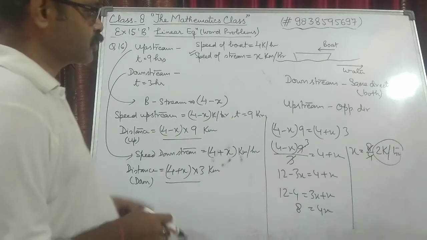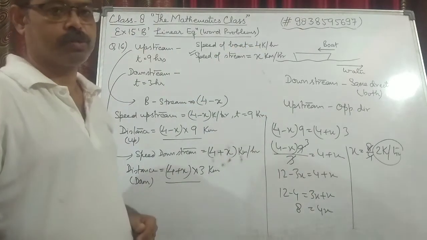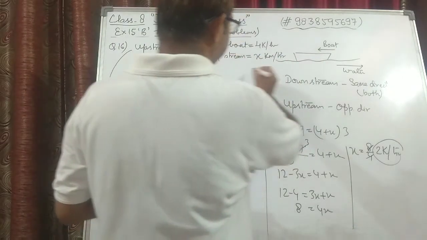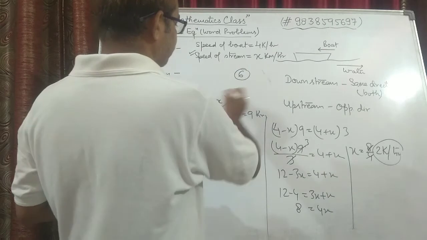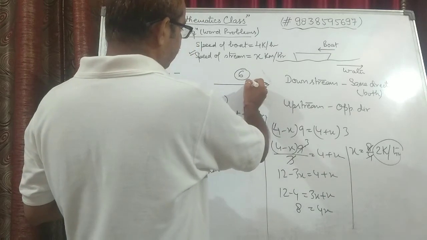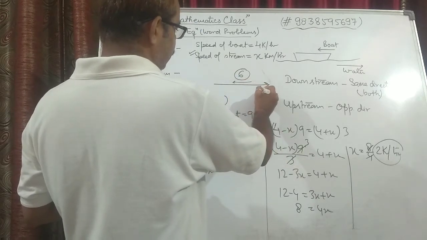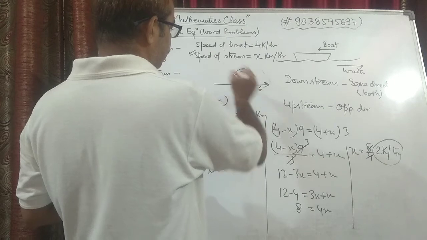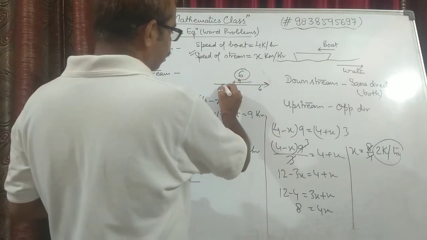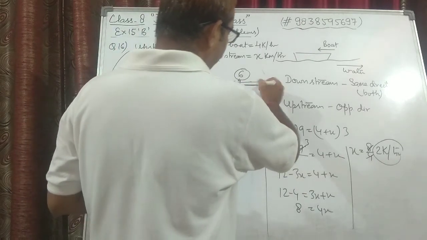In any case, the speed of the stream will not be more than or equal to 4 kilometers, because let's say the speed of the stream comes out to be 6 kilometers. If the water is flowing in this direction and we are rowing the boat in this direction, and the speed of the water is 6 km per hour but the speed of the boat is 4 km per hour, it means that we are not moving forward, the water is taking us away in the direction of its flow.